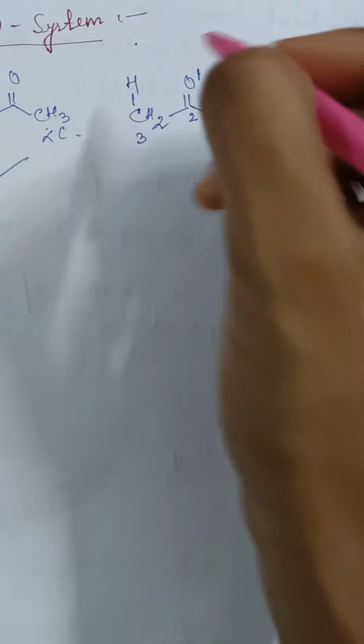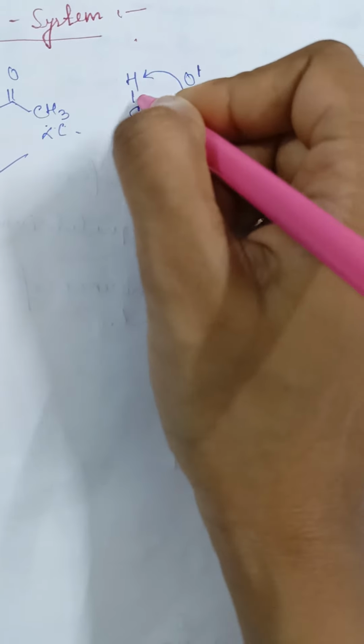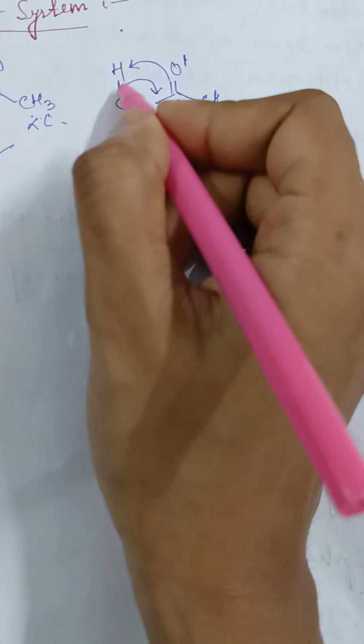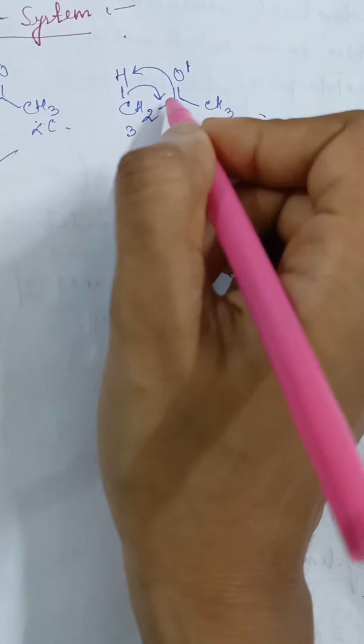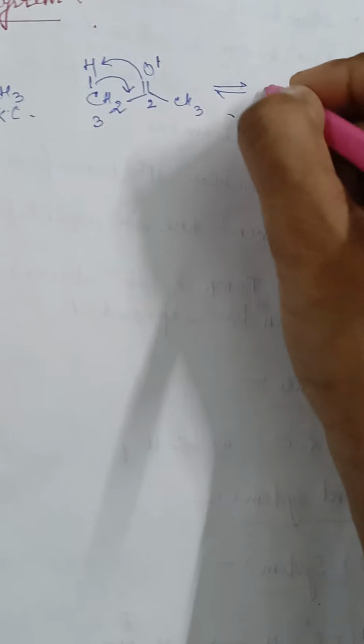Now what will happen? This hydrogen will be abstracted and then this bond falls on this bond here and it will form a double bond here. So it will end up with this form.